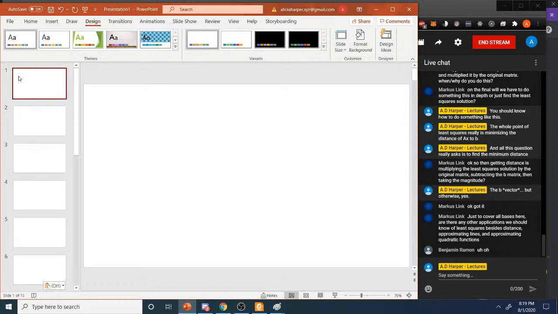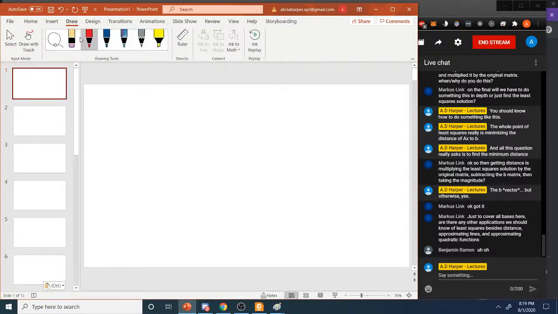So where was I? I was talking about the theory behind least squares. In particular, I was using the fact that R^n was equal to the null space of A direct sum the column space of A transpose.